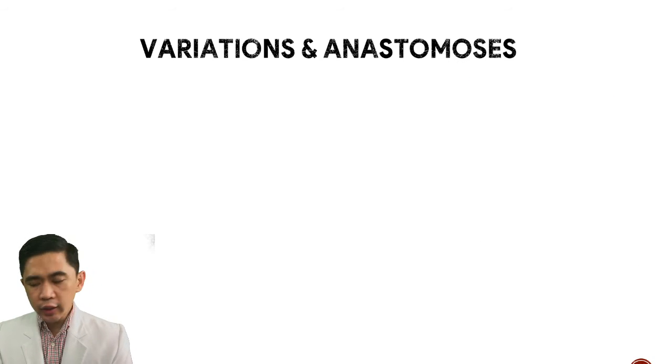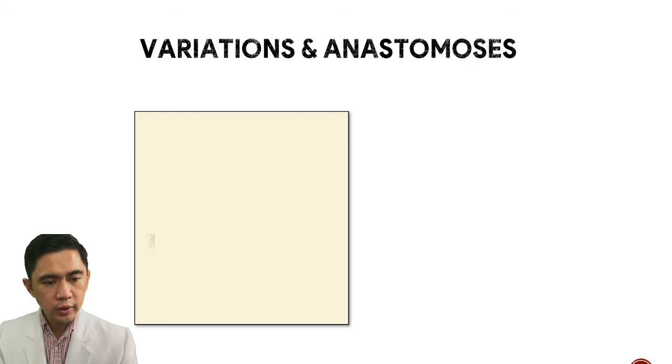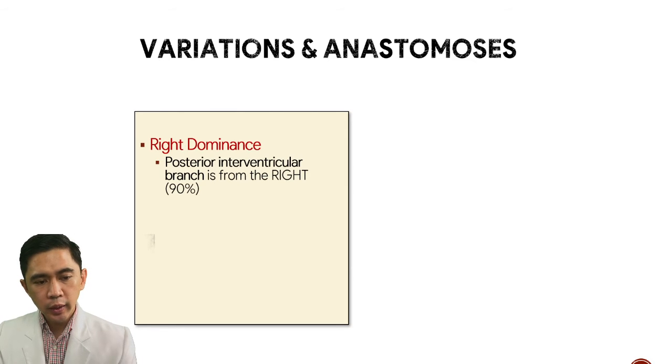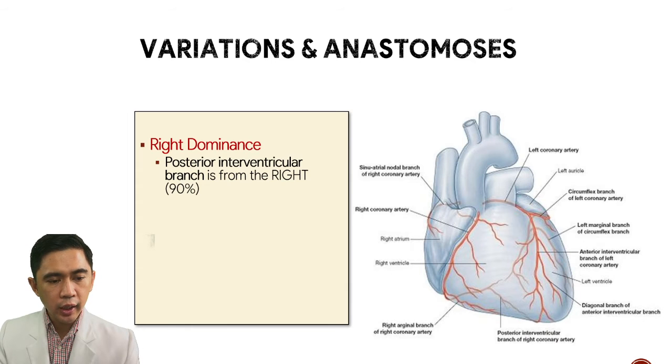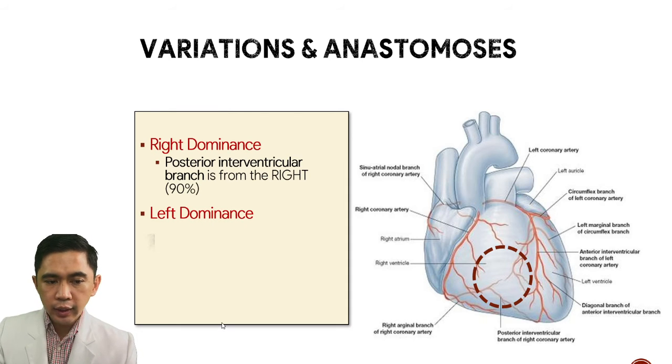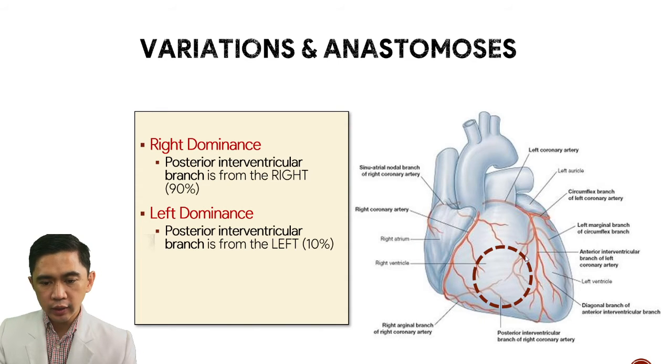So there are variations and anastomosis in the coronary circulation. We have terms such as right dominance, wherein the posterior interventricular branch is from the right coronary artery. This one is from the right. But there is what we call left dominance, wherein the posterior interventricular branch is from the left coronary artery.